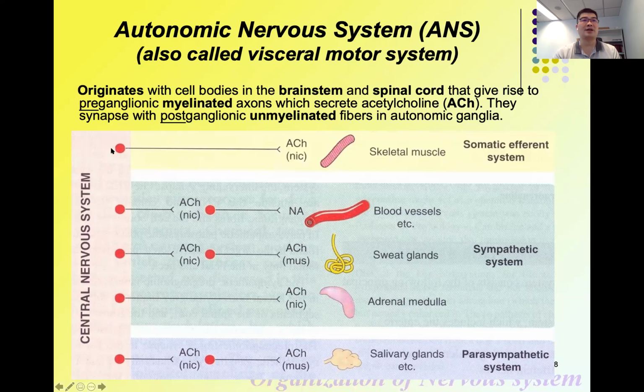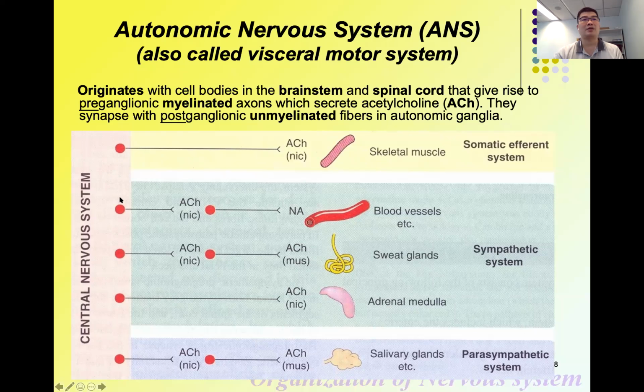In the somatic nervous system, the motor neurons going out release acetylcholine onto the skeletal muscle. All the muscles in your body are controlled by this, from the spinal cord.